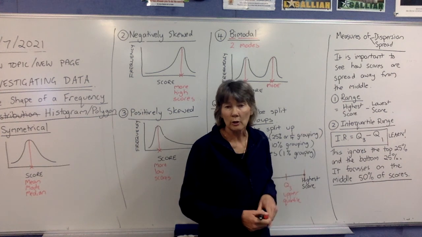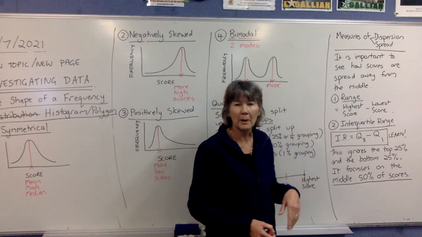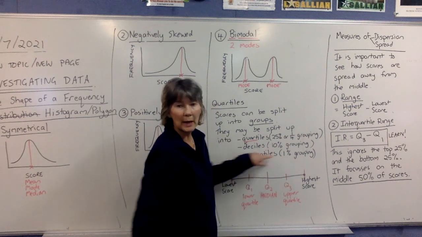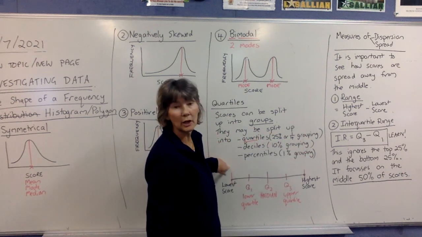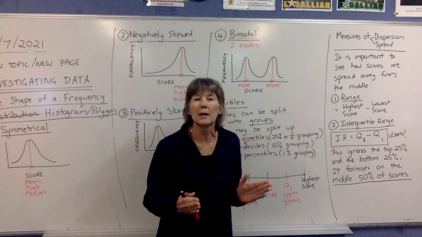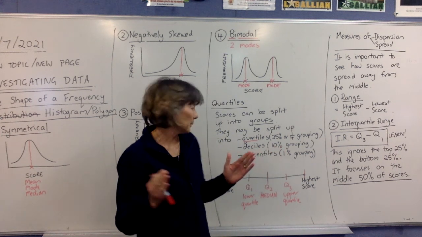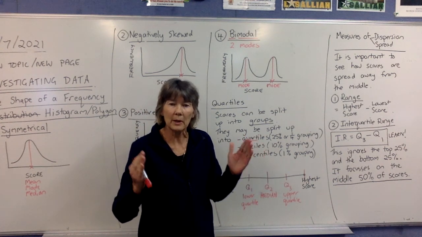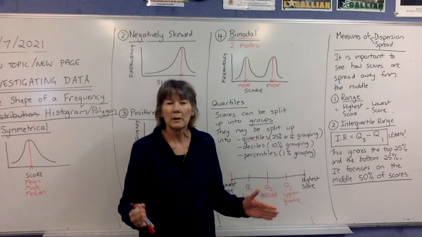It's the range. It's really easy to do. You get the highest score minus the lowest score. That tells us how far spread we are from the top person in the class to the lowest person in the class. And if we're trying to grade classes, we need that not to be too far. We want a smaller range so that we've got everybody in the same sort of pocket so we can teach well to that group.